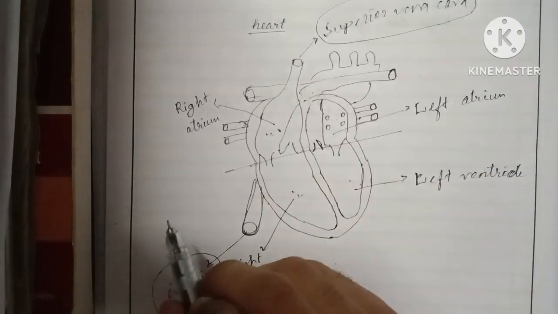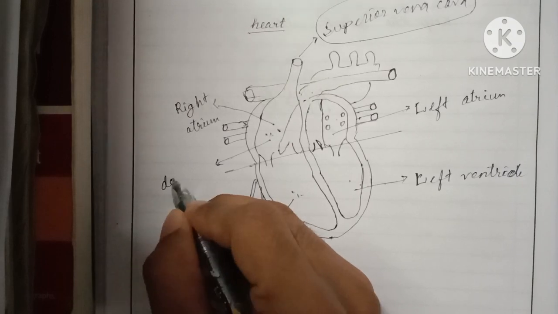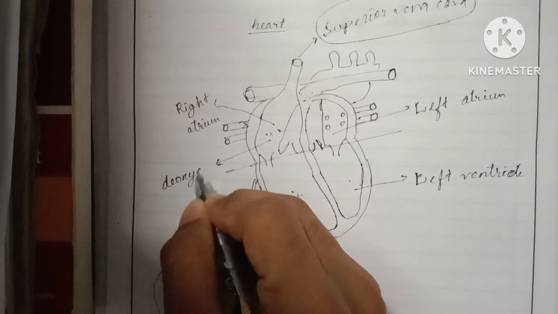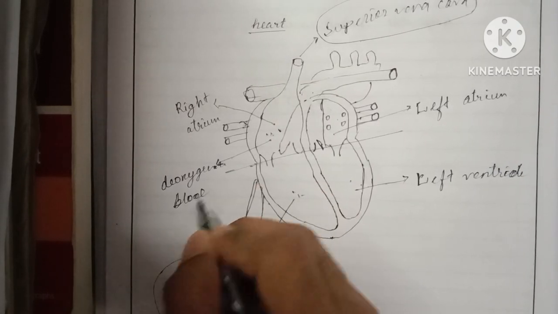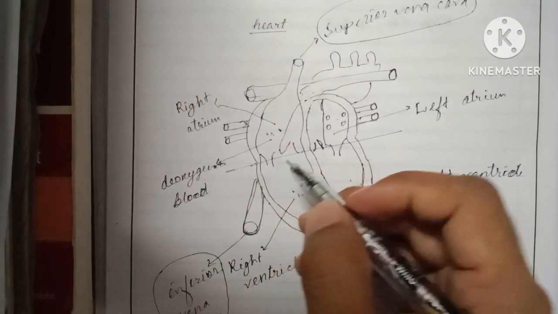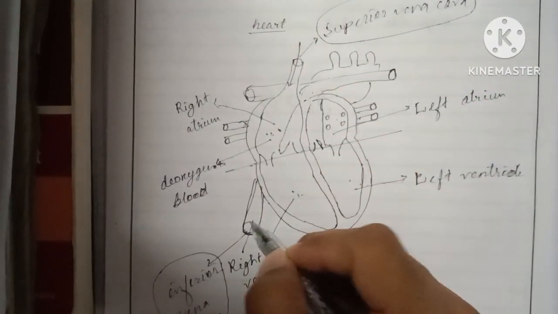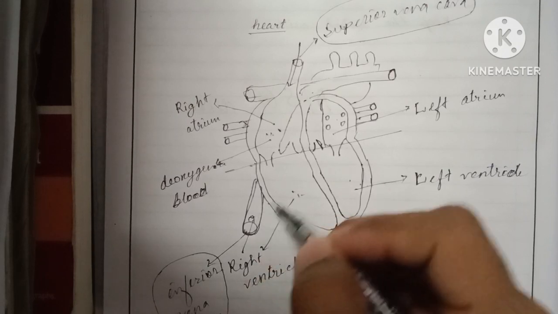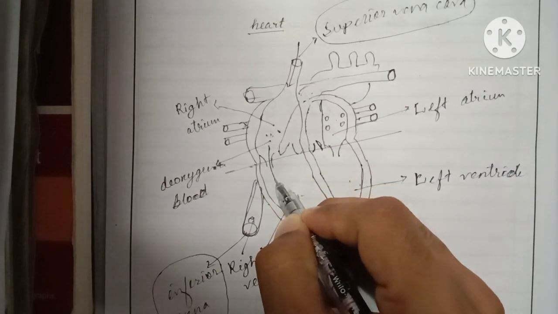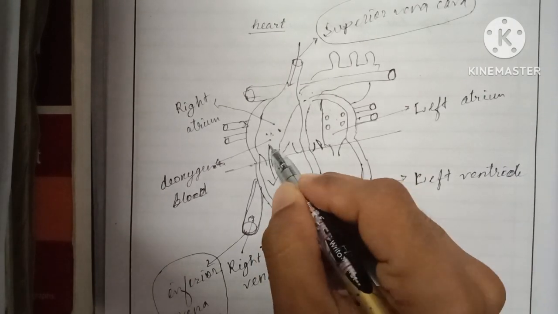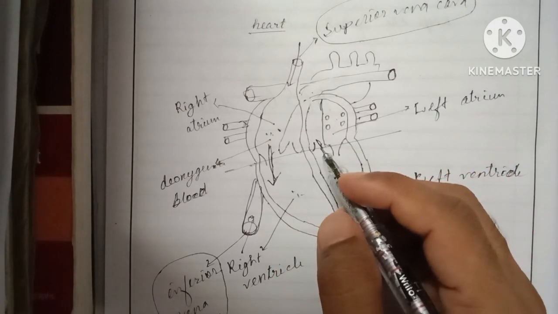And this right atrium collects deoxygenated blood. What type of blood? Deoxygenated blood. After collecting deoxygenated blood in this right atrium, the blood will come to the right ventricle by some process.